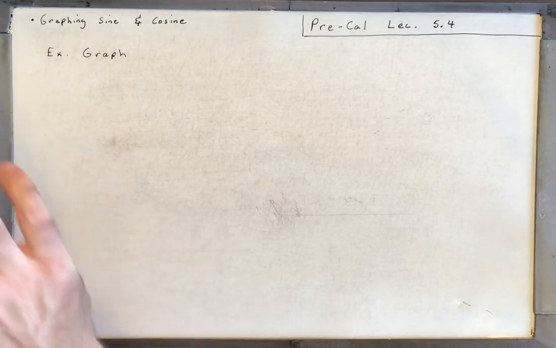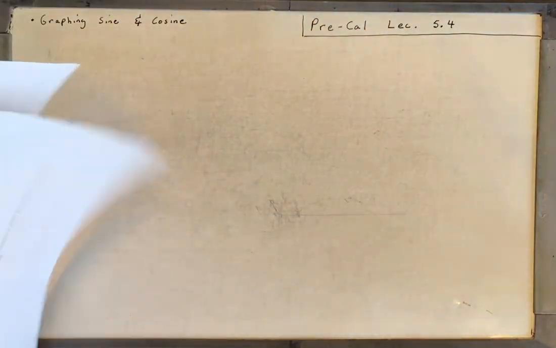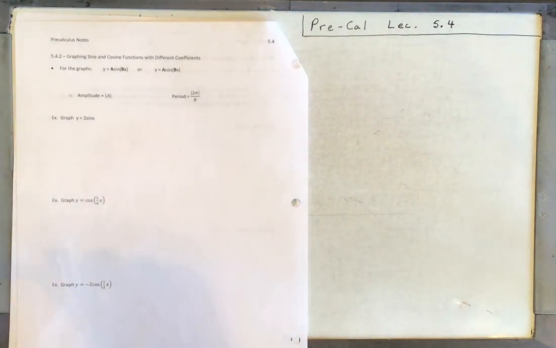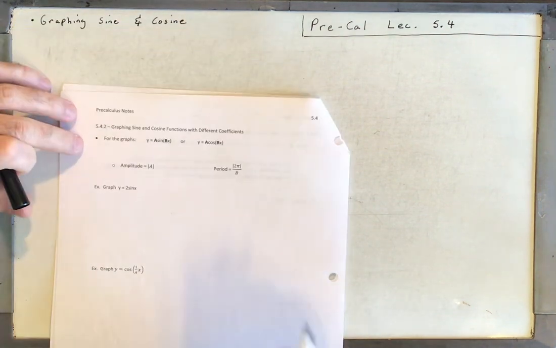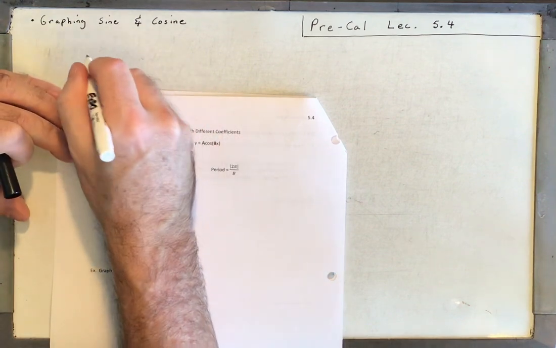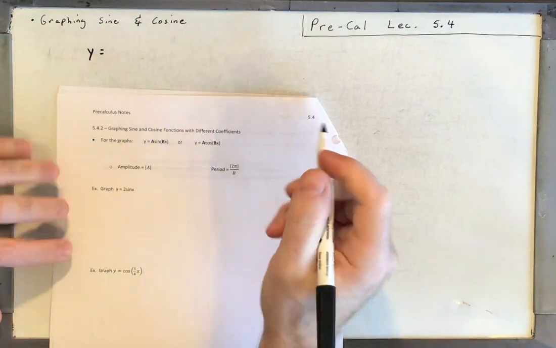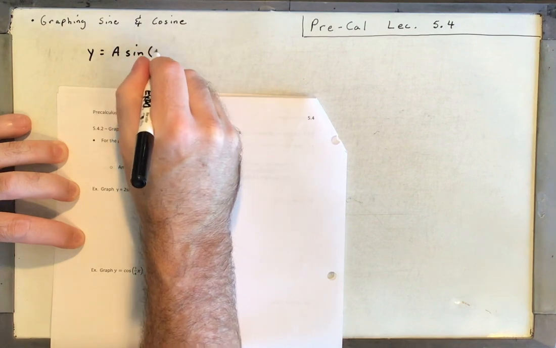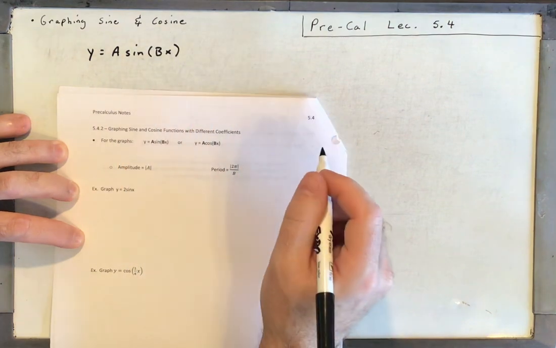Okay, so before we do another graph, let me go over these notes at the top of page 2, and I want to show you a couple of mistakes, or certainly one mistake that's on the notes. So if we have this form, y is equal to a sine bx, these numbers in front, a and b, those are important.